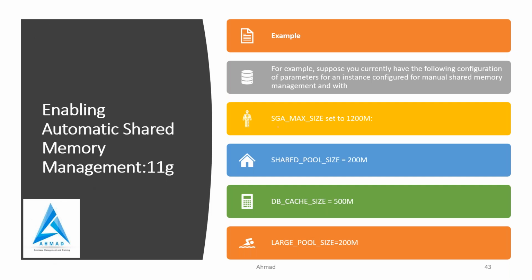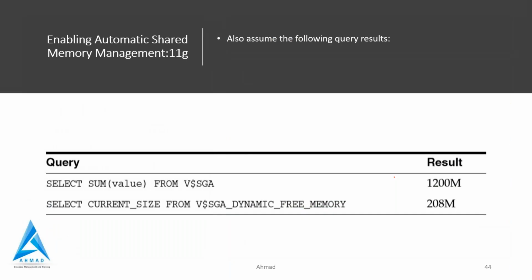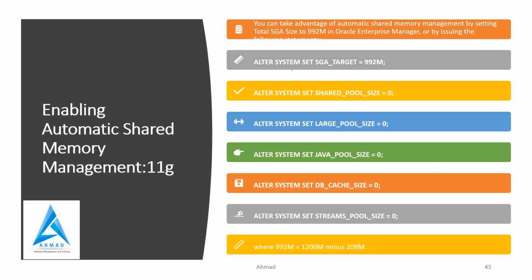So suppose this SGA max size is 1200 MB and shared pool is 2, database buffer cache is 5, large pool is 200 MB, right? And you assume the query and you get a total SGA of 1200 MB and current size of 28 MB, right? So by alter system set target, you are setting this value, and the rest will be 0.